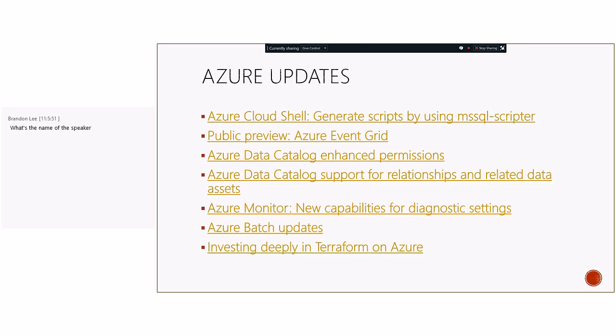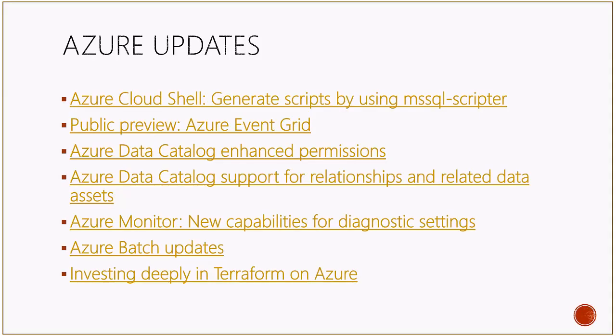We also added support for relationships and related data assets, so that we can see those relationships in a better way. Azure Event Grid is in public preview. We can generate scripts using MS SQL Scripter from Azure Cloud Shell. There are also new capabilities for diagnostic settings in Monitor. Some of the batch updates you can read by clicking this link.